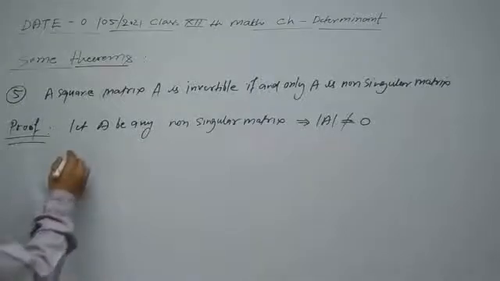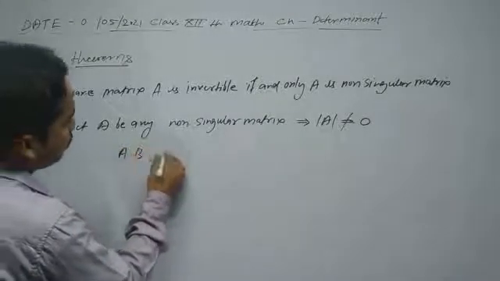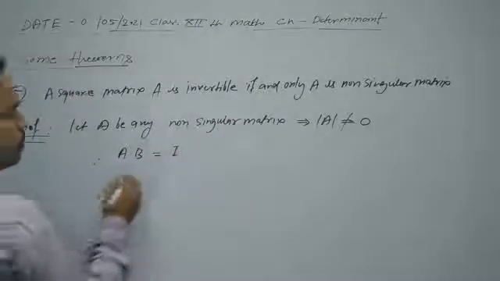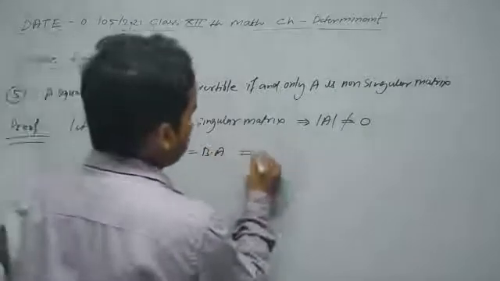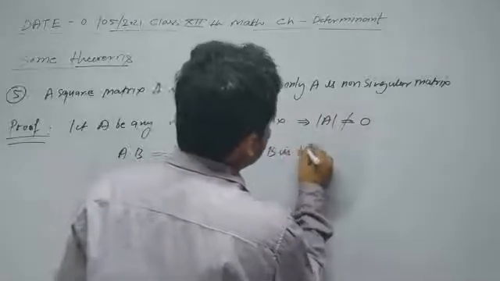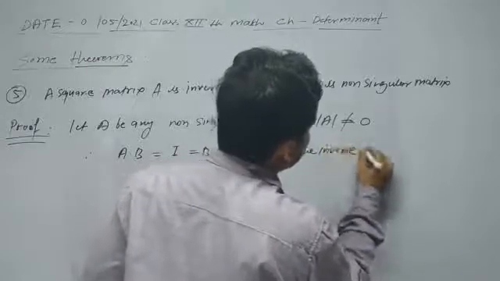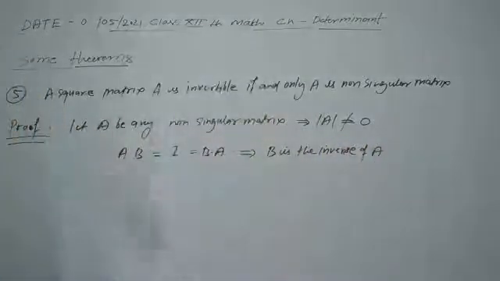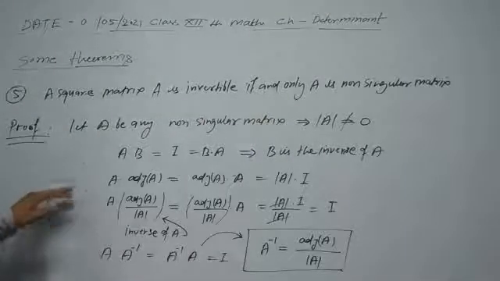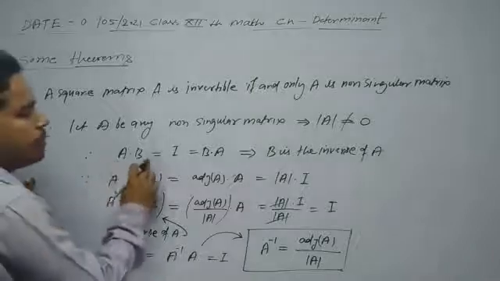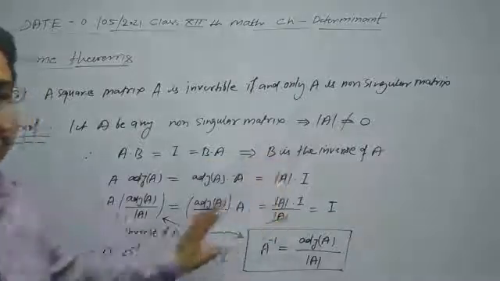And you know, since A into B is equal to I is equal to B into A, this implies B is the inverse of A, according to the definition.